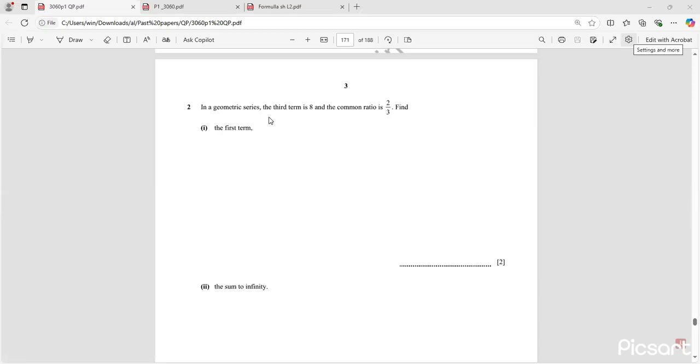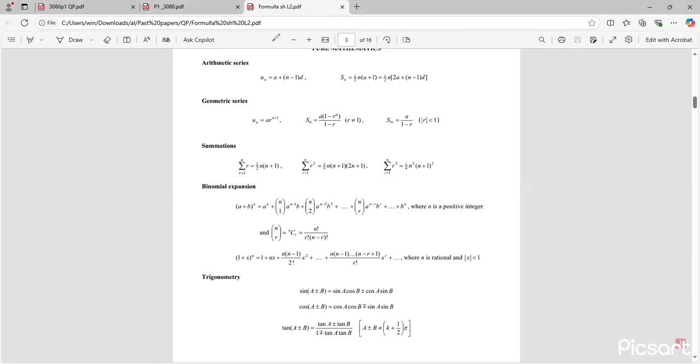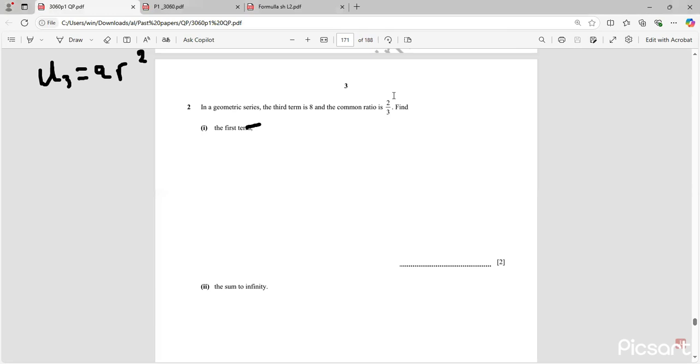In question 2, in the geometric sequence, the third term is 8. In the formula sheet you'll find the rule, and what you write is the third term u3, which equals a multiplied by r to the power 2.